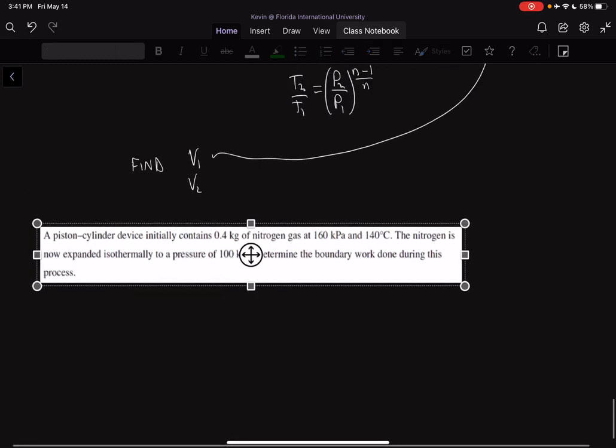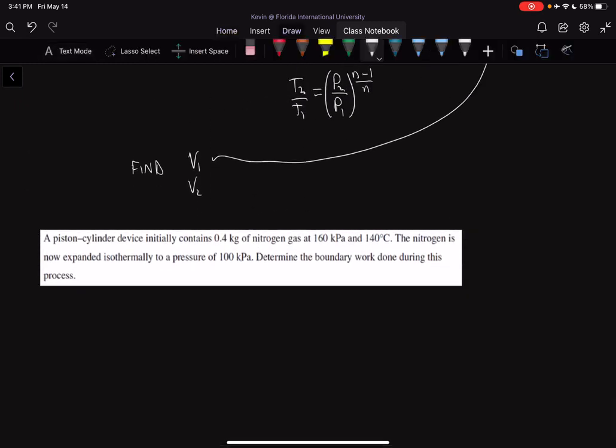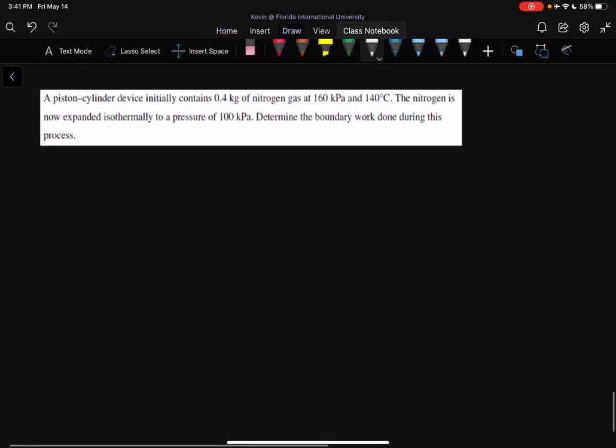Okay, so we're told that a piston cylinder device initially contains 0.4 kilograms of nitrogen gas at 160 kilopascals and 140 degrees Celsius. We are now told that the nitrogen is now expanded isothermally to a pressure of 100 kilopascals. Okay, so what does isothermally mean?